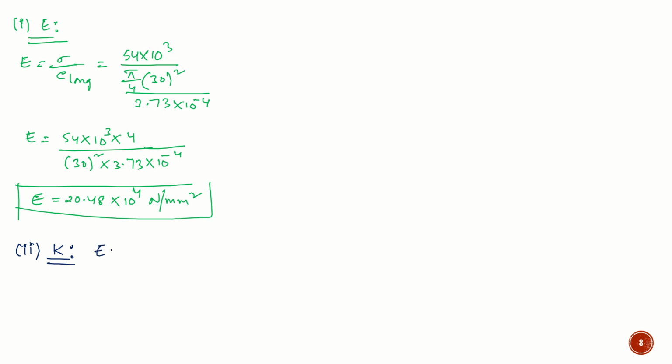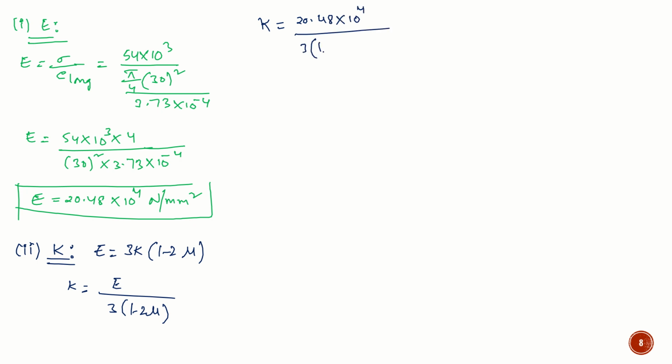So again same formula, E is equal to 3K into 1 minus 2 mu. So from here K is equal to E by 3 into 1 minus 2 mu. So K is equal to what is the value of E? 20.48 into 10 power 4 by 3 into 1 minus 2 into what was our Poisson's ratio? 0.327.